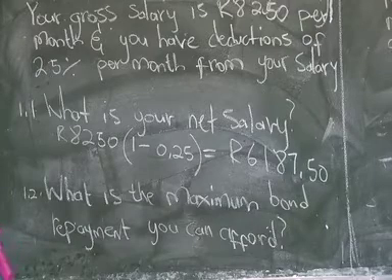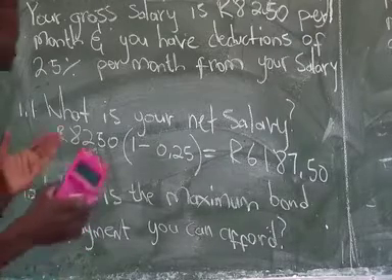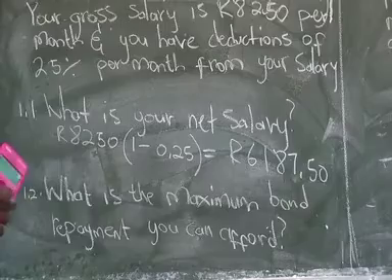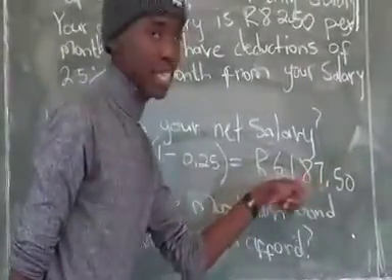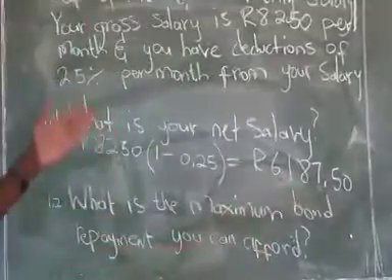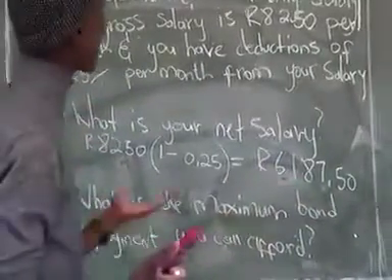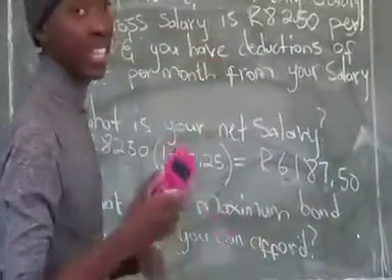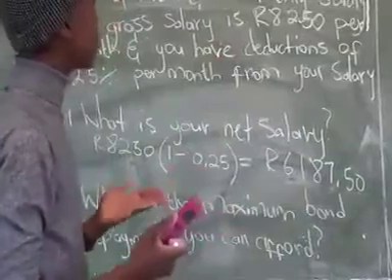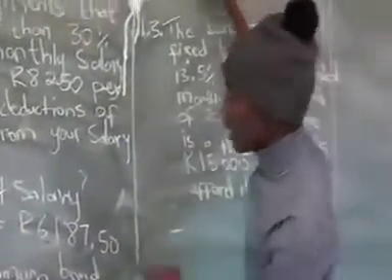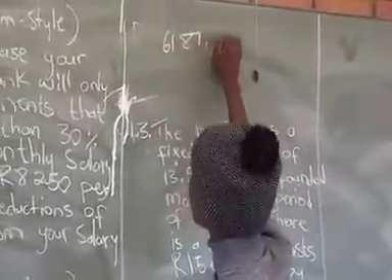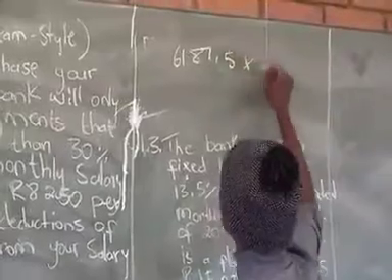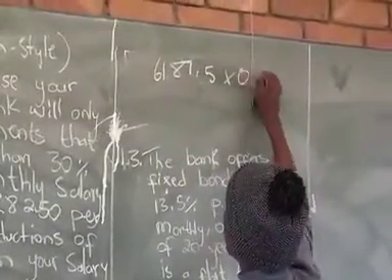So the maximum amount is 30% of the net salary. We are simply going to say the net salary of 6,187.50 times 30%. 30% is 0.3.